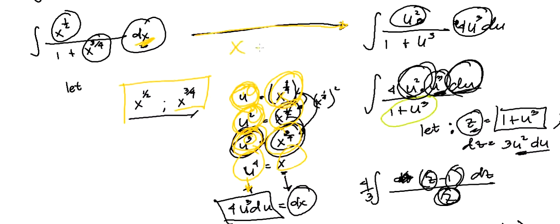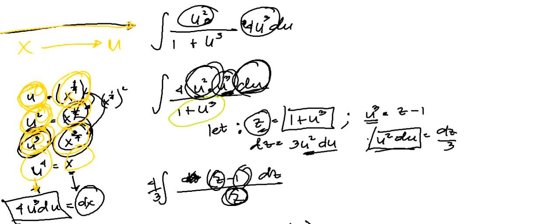So from x we transform our integrand in terms of u, and then from here we notice that we again use some substitution, so we chose the denominator as z, which is equal to 1 plus u cubed, and then we get the derivative of that, and we do some algebra here to transform all our u into the variable z.